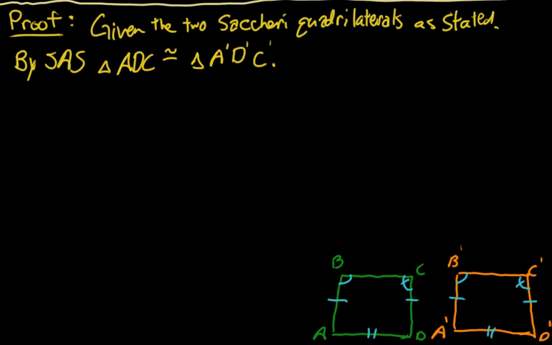So let's see. ADC, which means these two are congruent, so let's just draw 3 marks there to show congruence.